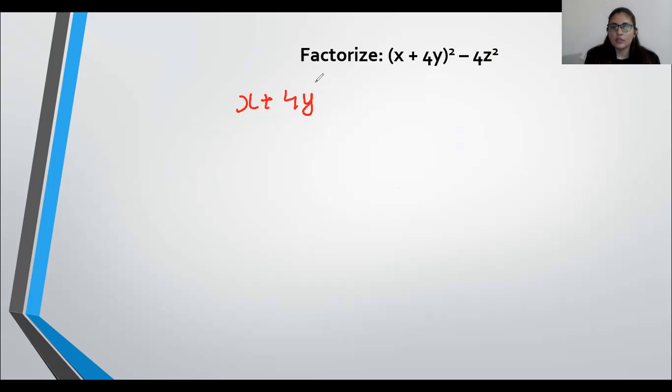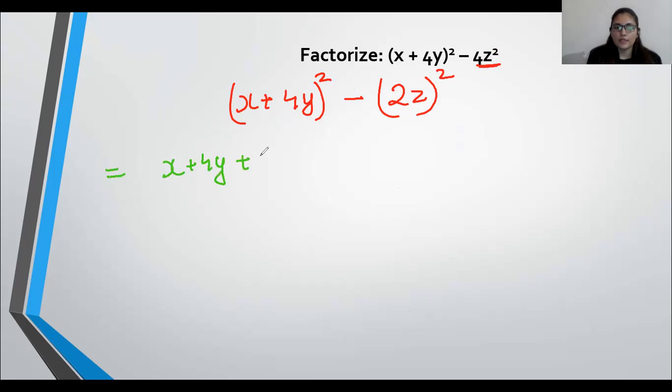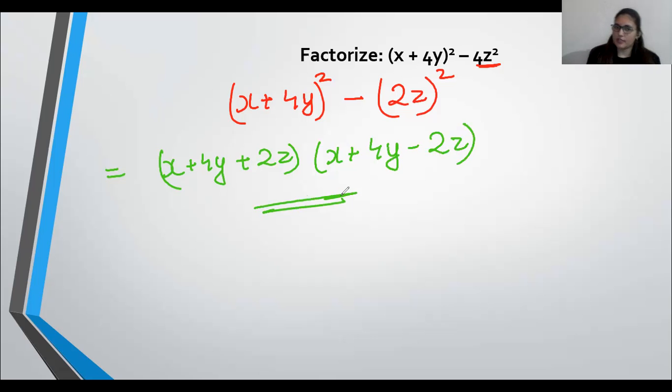This one is in whole square, great. But the second term is not in whole square. So we need to write it as a whole square in this way. Now we can apply our identity. So it will be A plus B, then A minus B. And this is it, and you are done with it.